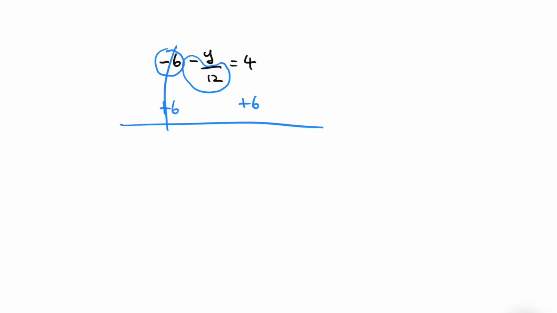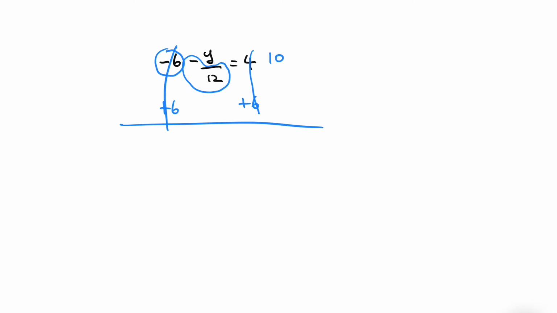Last one. Negative 6 minus y over 12 equals 4. Let's do the opposite operation. We have division of negative 12 and we have subtraction of 6. Which one are we going to do first? Well, we're going to do the opposite of subtraction first because that's what's going to make this equation simpler. So opposite of minus 6 is plus 6, and we do it on both sides. They will cancel out, and 4 plus 6 is 10.